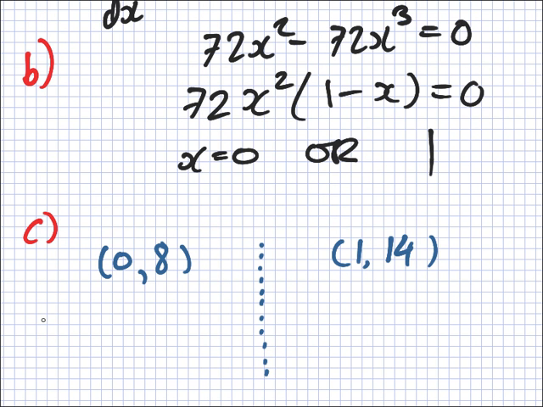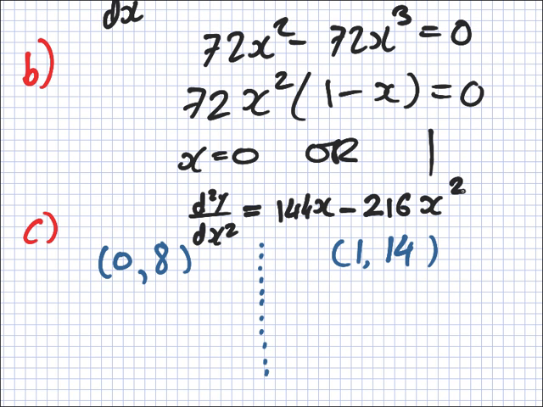So if I get the second derivative, I'll just write it on the top. d2y dx squared, that's equal to 144x minus 216x squared.